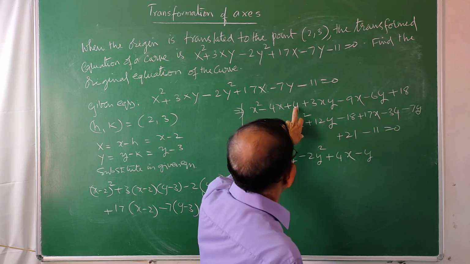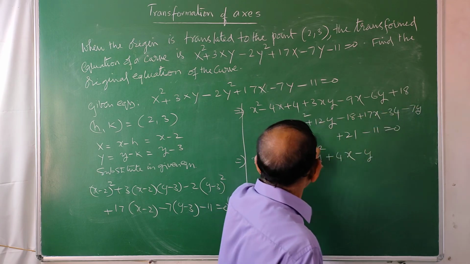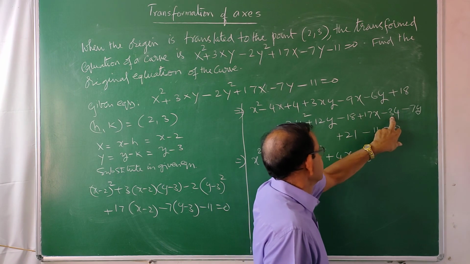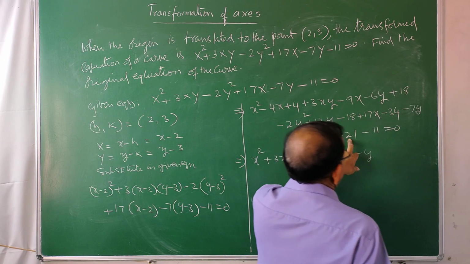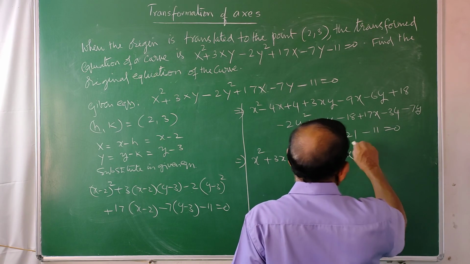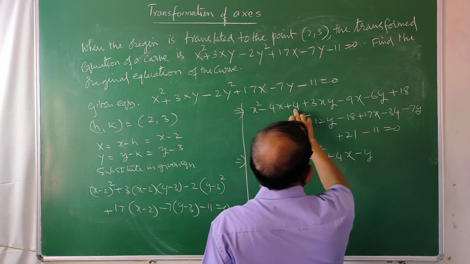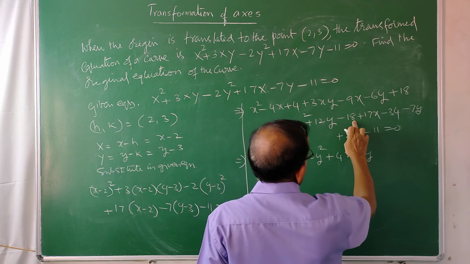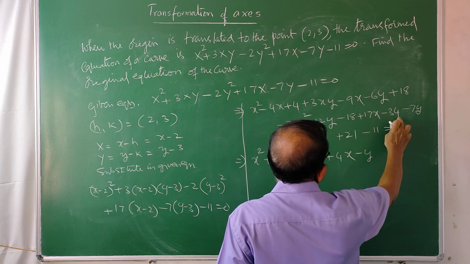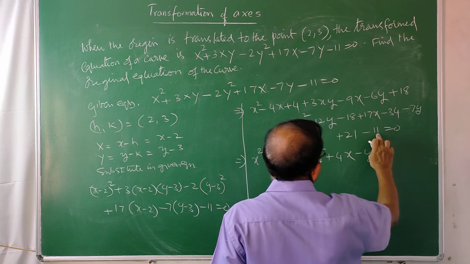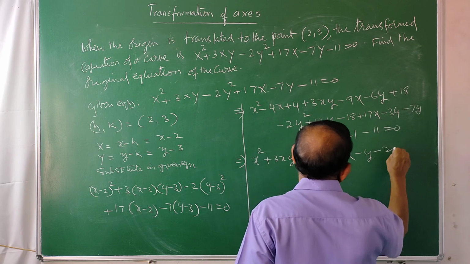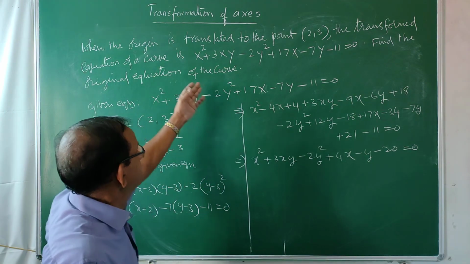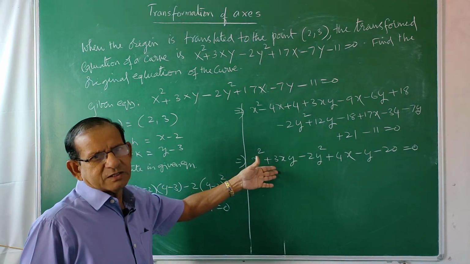Now constant, 4 plus 18, 22, 22 minus 18, 4, 4 plus 4, plus 4 minus 34, minus 30, plus 21 means minus 9, minus 11, that is minus 20 equal to 0. So that is the original equation actually. Transformed equation is given, we got the original equation like this.